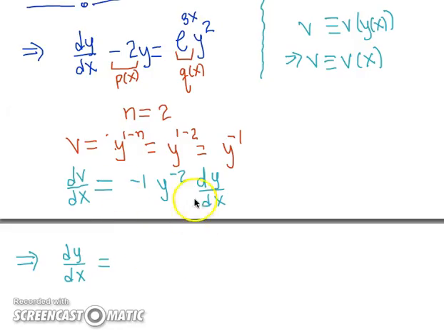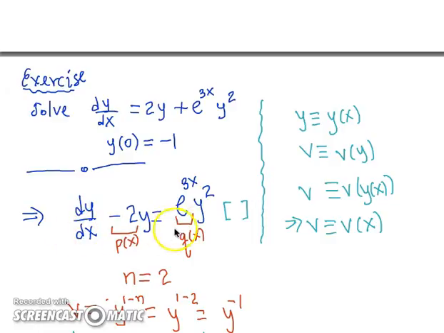So in this expression, we can solve for the derivative of y with respect to x. We have to multiply or divide accordingly by something, and so we would end up with dy dx equal to negative y squared times the derivative of v with respect to x.